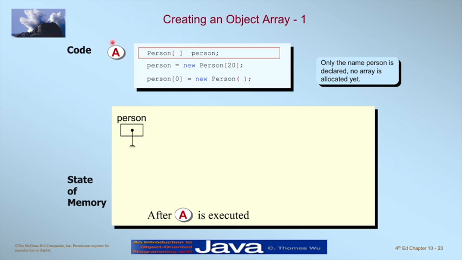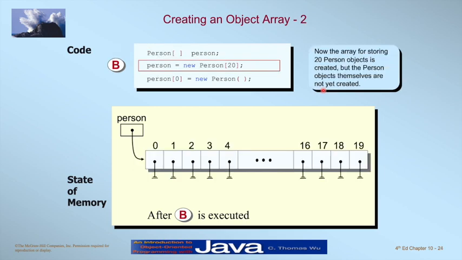Alright, so when we write person bracket person, we are only declaring the person array. We did not allocate any array yet. But when we execute this code, person equal to new person 20, that means now the array for storing 20 person objects is created.